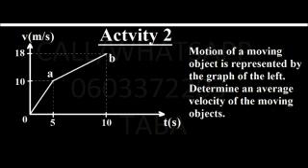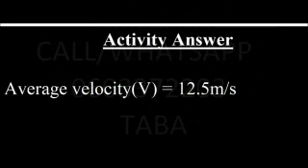You just have to interpret the graph and determine the average velocity of a moving object represented by the graph above. And the answer for this is 12.5.